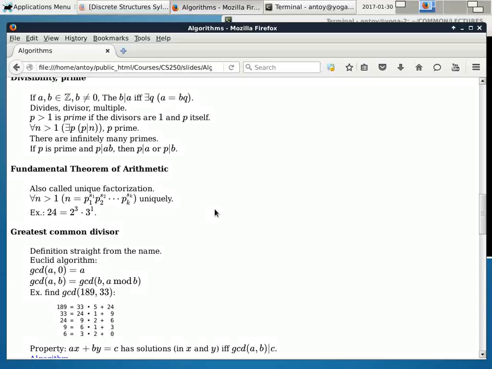So now what do we do? You take this one here and this one here. So you have 33 equals 24 times, and now we have to put something here and something here. Why? Because if you look at this algorithm, it says, if you have A and B, B takes the place of A, and the remainder of the division of A by B takes the second.